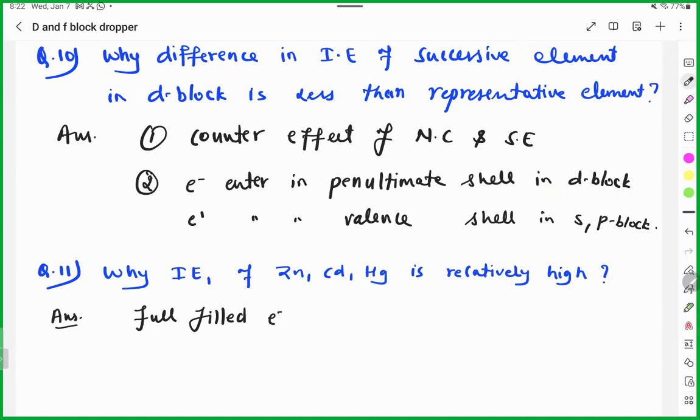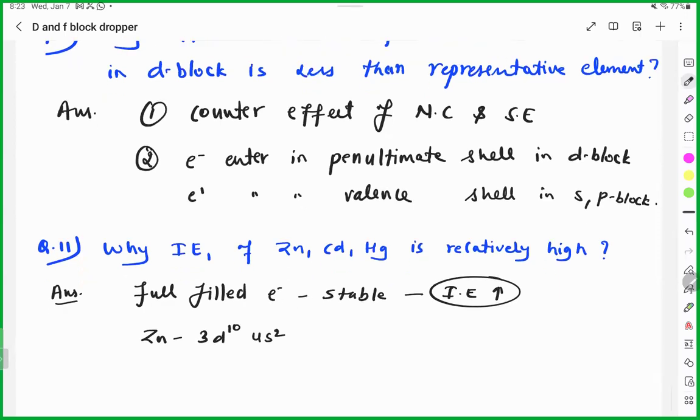And in this case, it is highly stable. When it is highly stable, removal of an electron is difficult. That's why ionization enthalpy will be high. Just imagine, if you take zinc, it is 3d10 4s2. The s subshell is fully filled, the d subshell is fully filled, highly stable, and it is difficult to remove an electron from a highly stable element.